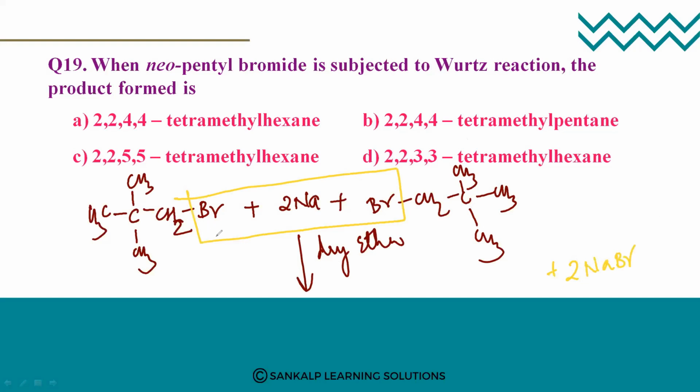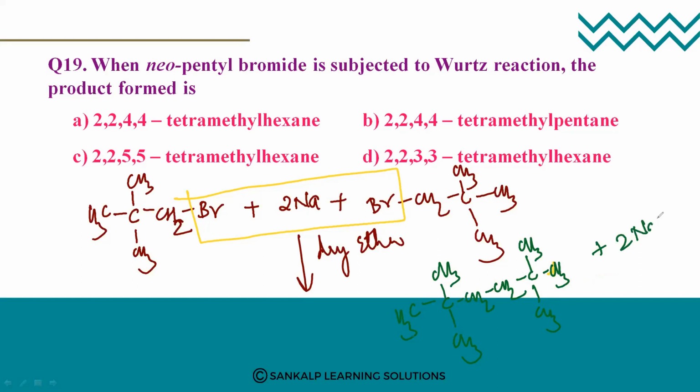Then how will we join this? This will be CH3, C, CH3, CH3, CH2, CH2, C, CH3, CH3 and CH3, plus 2 NaBr. Like this. Okay, so this is the product.